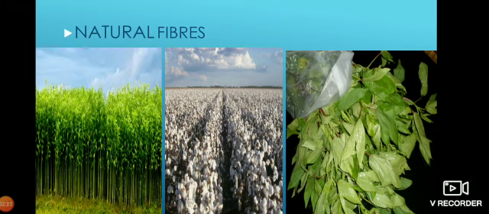So, now we see where we get these natural fibers from. We will get plant natural fibers from plants like cotton, jute, gongura, aloe vera, coconut, banana, and flax.